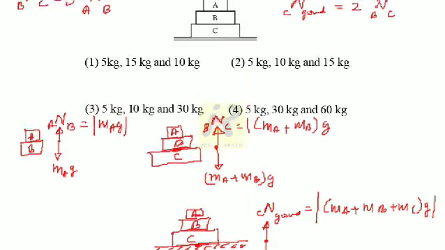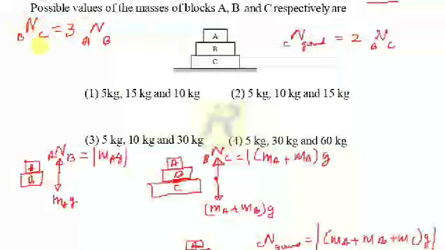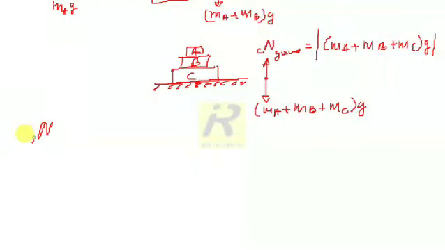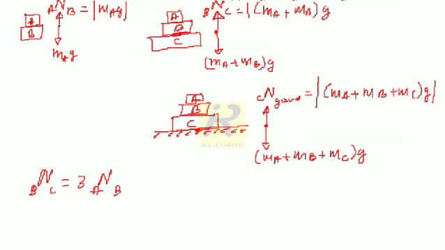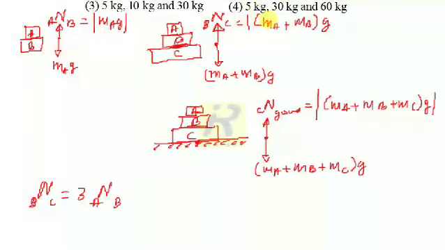So now what are we given? We are given this thing, right? So NBC is 3 times NAB. So I write it here. NBC is 3 times NAB. So now what is NBC? NBC is MA plus MB into G, that is 3 times NAB.